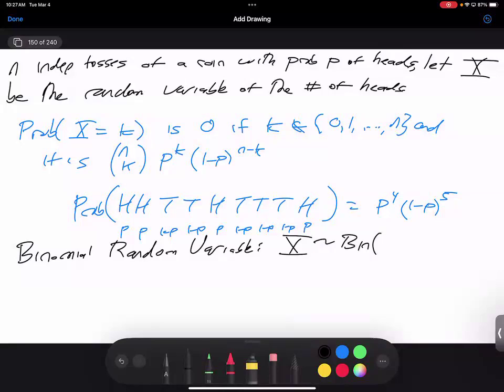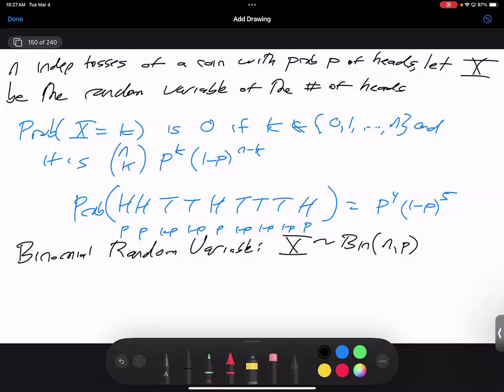So this is a binomial random variable. What do I have to specify to tell you which binomial random variable? I have n independent tosses of a coin with probability p of heads. X is the random variable that counts the number of heads. What are the inputs I need to give you? N and p. I think you write n first and then p second. You can do it either way. So this is a binomial random variable.